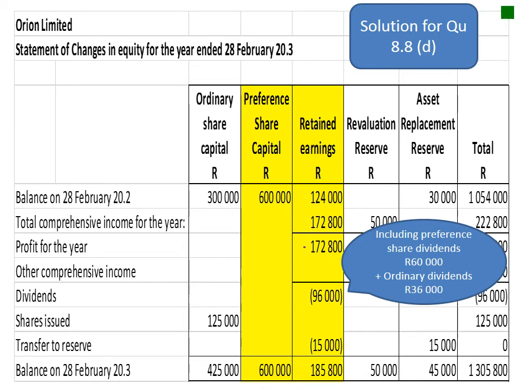Remember, that's what dividends are. They're an appropriation of the profits that the company has made that get paid out to shareholders. We originally had ordinary dividends of 36,000. That was on our original solution. Now we're adding the 60,000 dividends on preference shares, giving us the total dividend amount of 96,000.